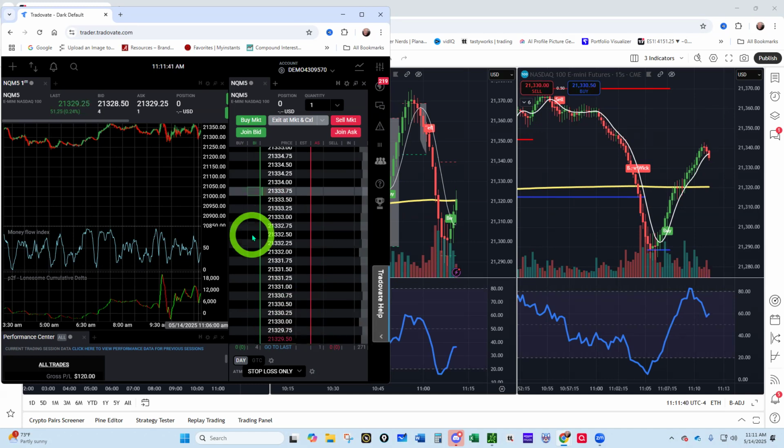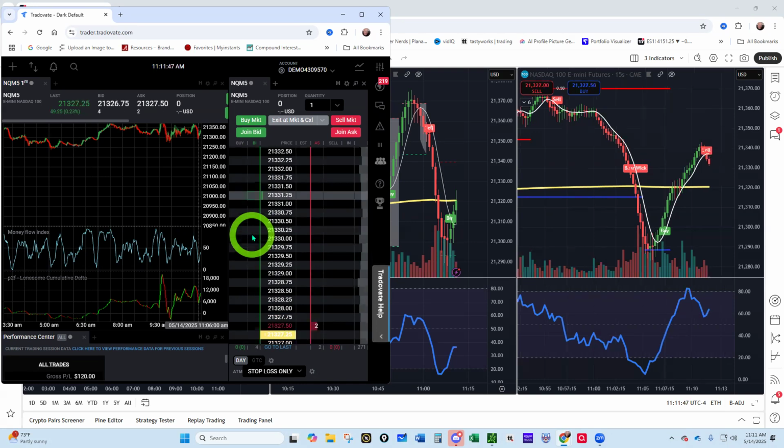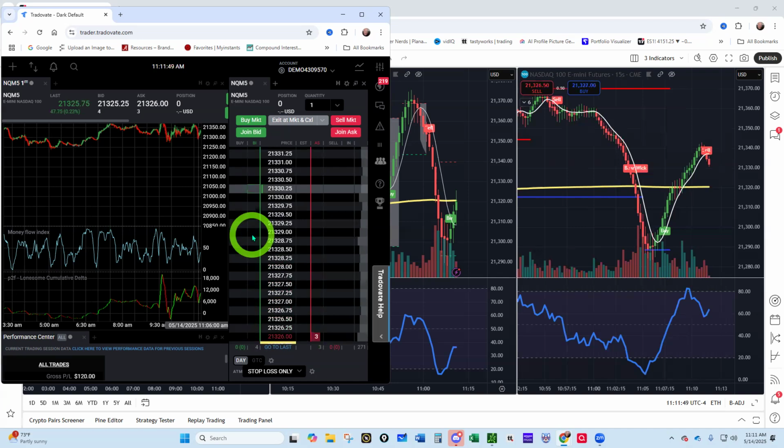Selling on mine. On the 15, yeah, we just got a flash. But everything's pointing up. Yeah, VWAP is now pointing upward.